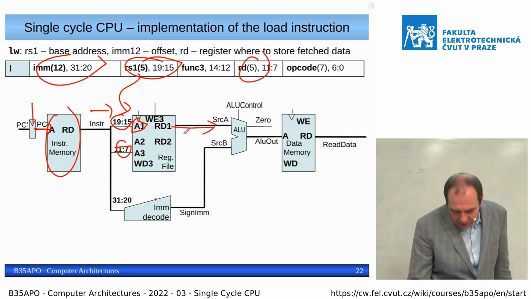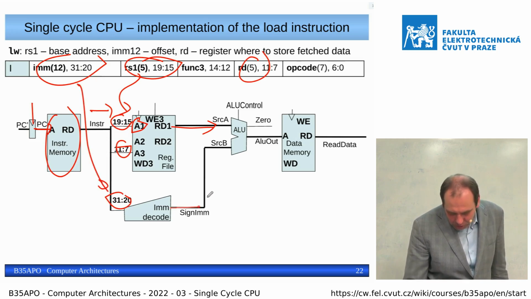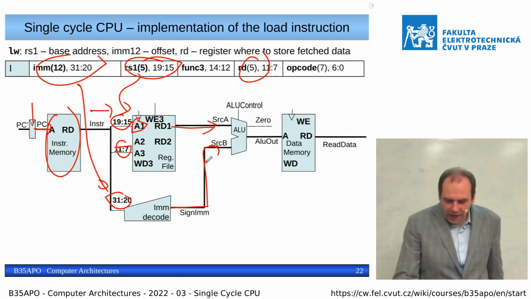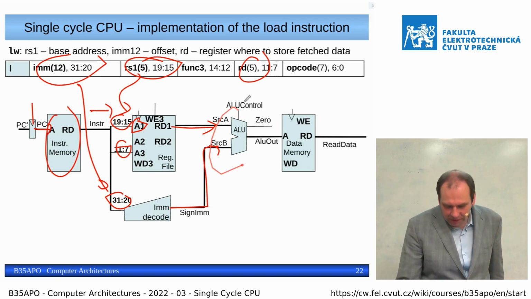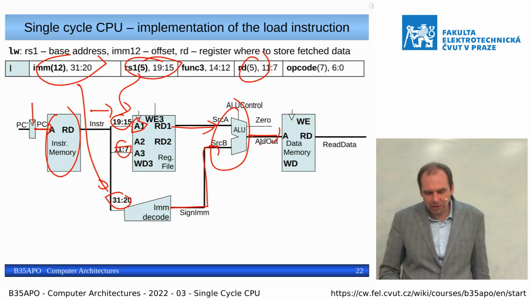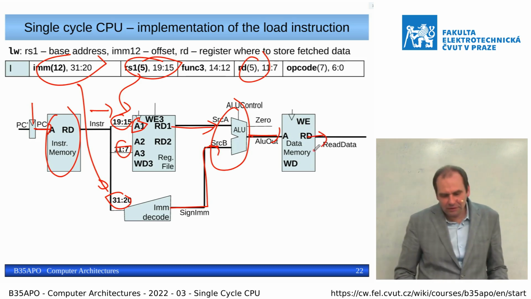And some part of the instruction, that immediate part, is decoded to a 32-bit sign-extended value. And we put the result to the arithmetic logic unit. We get the result, which is the address of the memory location. And the memory responds with the data at the given cell.